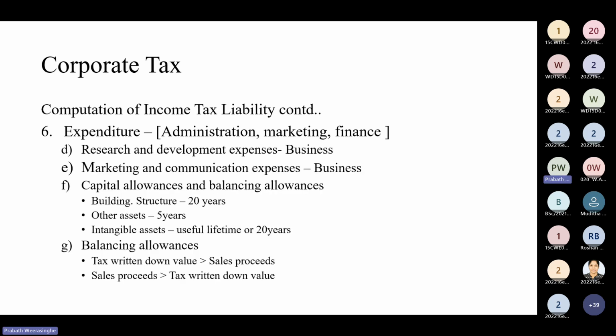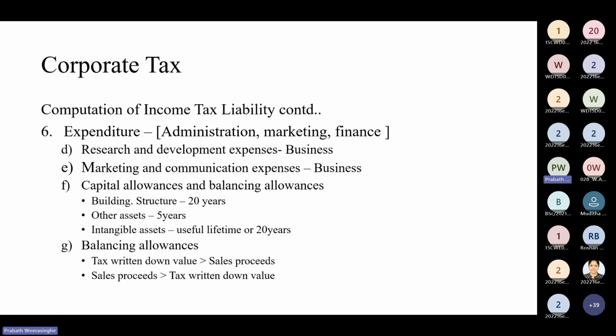Research and development expenditure incurred in the production of income, or whatever research we are doing, we can deduct, whether it is capital nature or not. Marketing and communication expenditure related to the business, we can deduct even if it is capital nature expenditure, right? And thereafter, the important point is capital allowances, which comes under section 16, and balancing allowance.